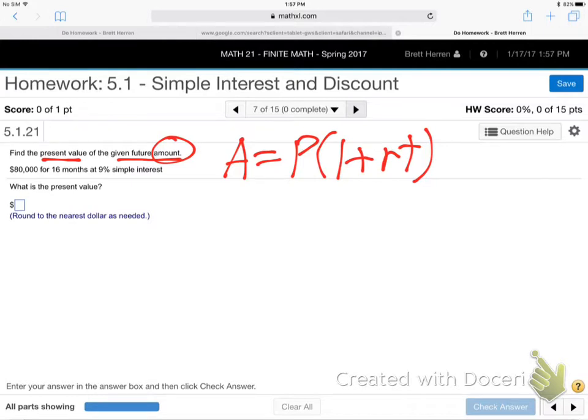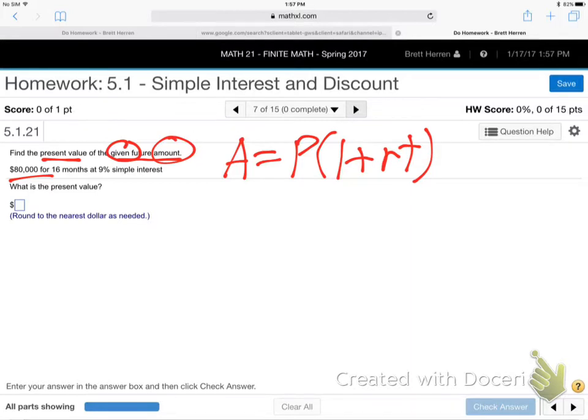Okay. So there it is. So what is find the present value for the given future amount. That means, what is this 80,000? Is that 80,000 a P or an A? Yeah, it's an amount. It's what they gave me, future amount.